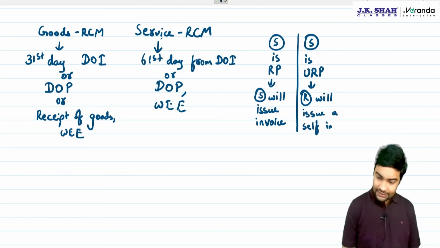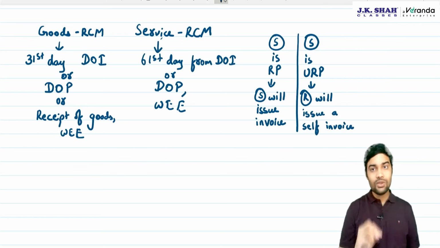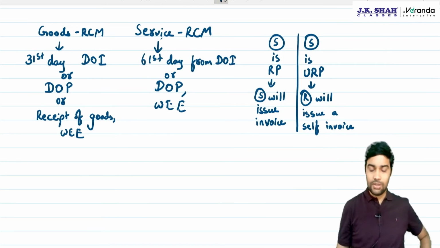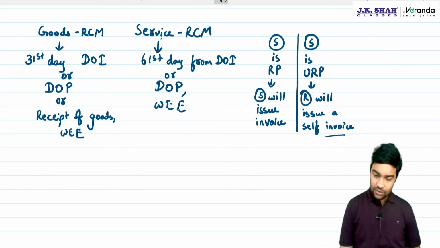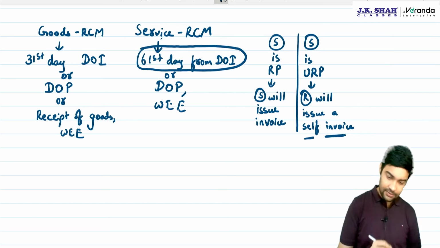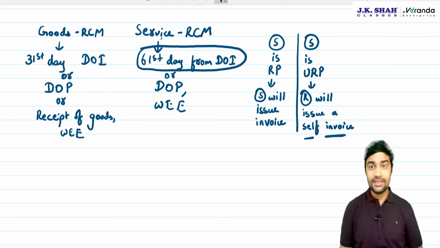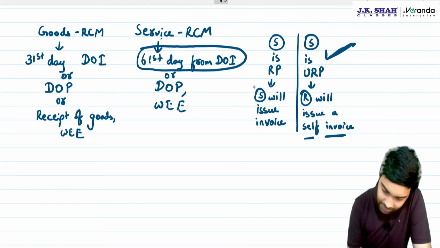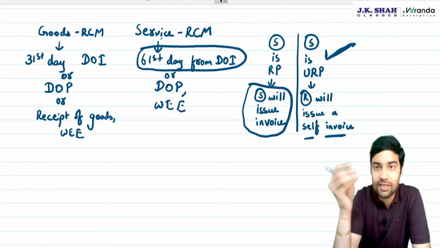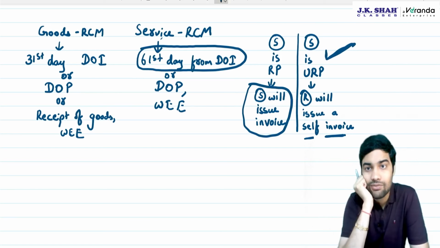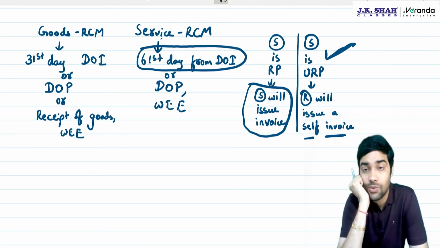Now, there was a problem. When recipient has to issue a self invoice, from which date do we count the 61st day from date of invoice? When supplier is registered, no problem, supplier will issue the invoice and we count from that. What if supplier is unregistered? Where do we count? Problem.